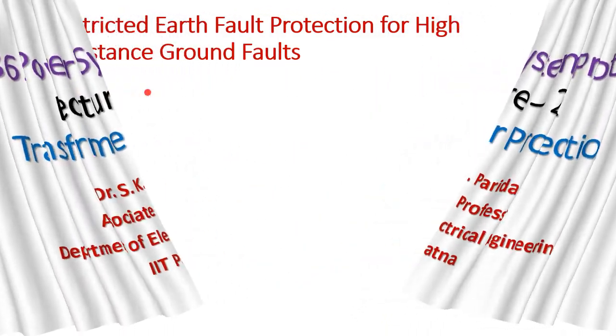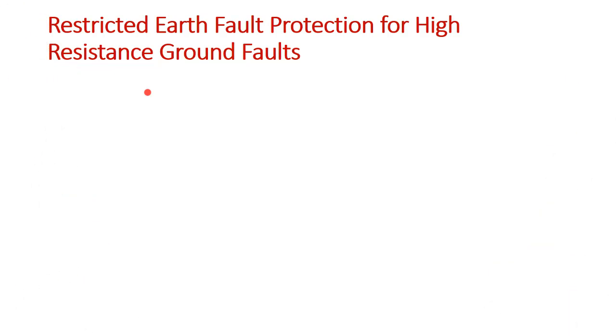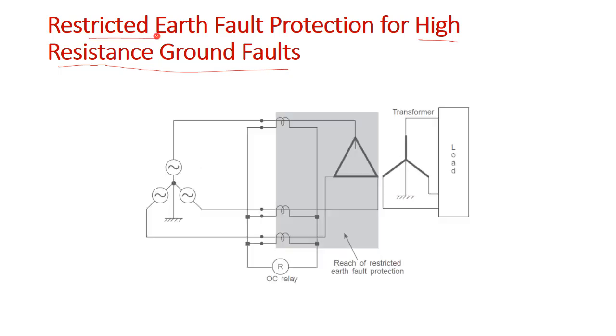Already we have discussed this, we can just revise it. This protection scheme is known as the restricted earth fault protection scheme, and this kind of fault is known as the high resistance ground fault.